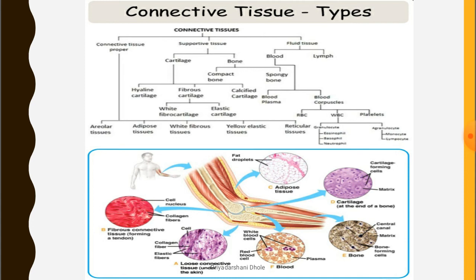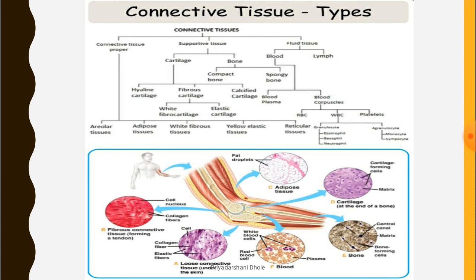Again, fibrous cartilage is divided into white fibrous cartilage and elastic cartilage. Then bone is of two types: compact bone and spongy bone. Then fluid tissue is made up of two parts: blood and lymph. Blood is made up of blood plasma and blood corpuscles.